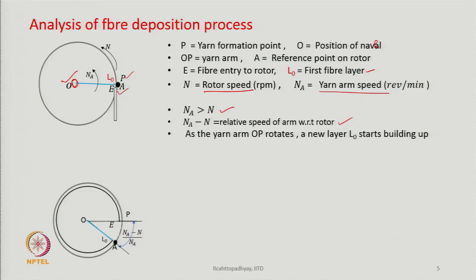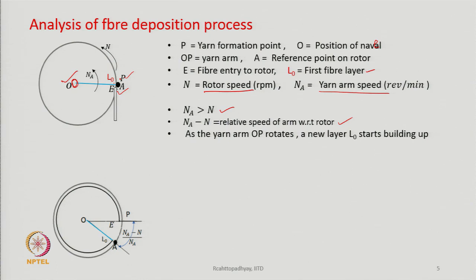If we do not pull the yarn out, then the yarn formation point speed and the speed of the rotor will be exactly the same. But the moment we start pulling the yarn out, the rotational speed of the yarn arm, which is OP, will be greater than the rotational speed of the rotor, because I am pulling the yarn out.